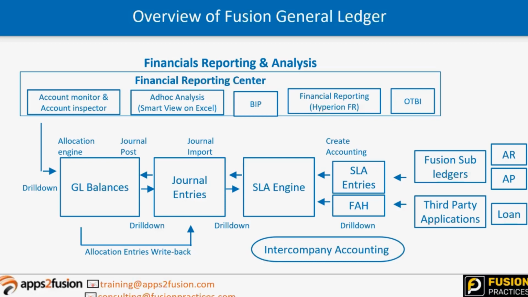So you can use your FRS, Smart View, Account Monitor, Account Inspector, all these tools that work on the S-Base Cube. But apart from that, you can still use OTBI and BI Publisher platforms to build some analytics and all those things. So if you want to build some kind of dashboards, those also can be built on Fusion GL.